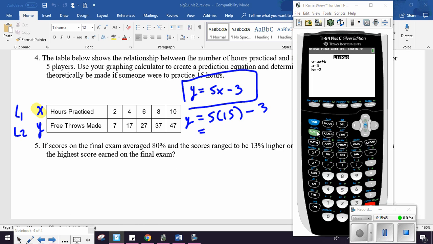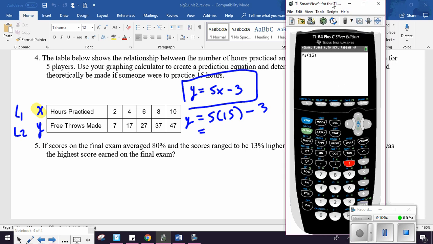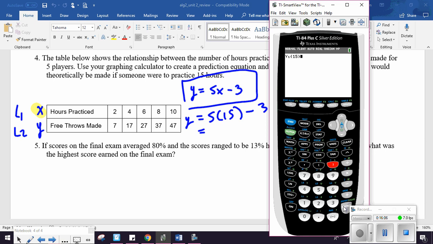But remember, if you hit alpha trace 1, the equation pops up. We stored our equation as y1. So now the only thing I need to do is hit parentheses 15, close parentheses, hit enter, and the calculator remembered this specific equation, 5x minus 3.